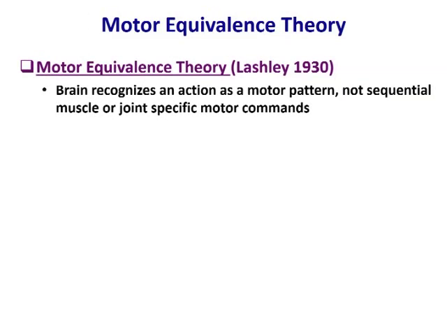Then we saw another interesting theory named motor equivalence theory. This theory says that our brain recognizes an action as a motor pattern, not as muscle- or joint-specific motor commands. It means that as long as the motor pattern is equivalent, even though it is executed by different body parts, our brain recognizes it as the same action.